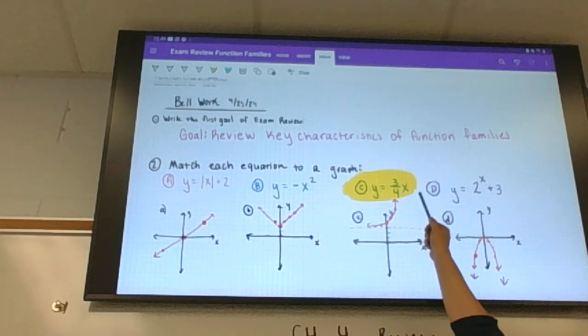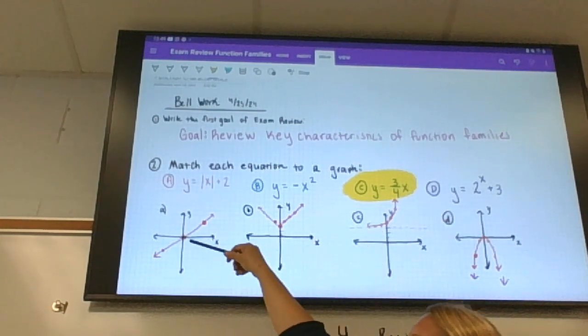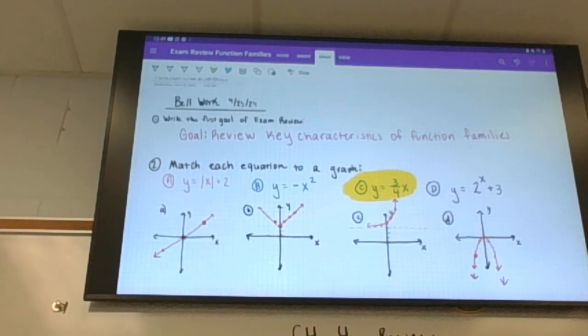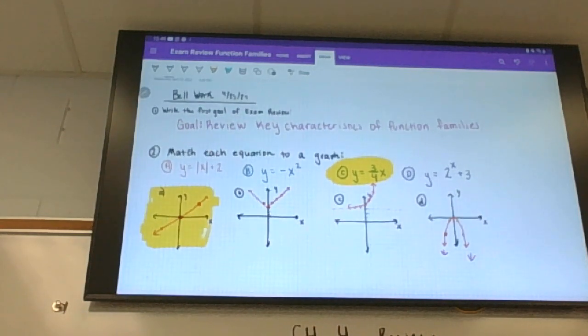There's no number here, so it's at 0. So starting at 0, up 3 over 4, straight line graph. Letter C goes with little letter A. And you don't have to draw it or anything, it's up to you. You can just go big letter C matches with little letter A.